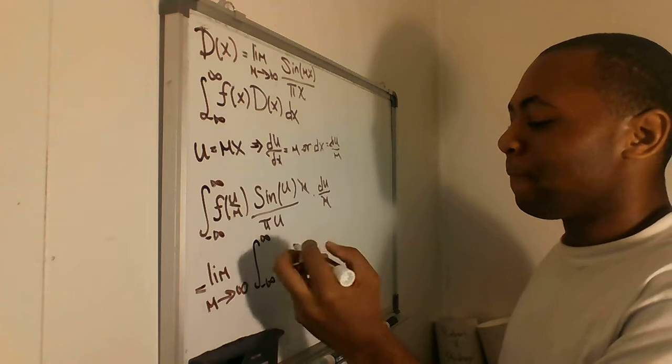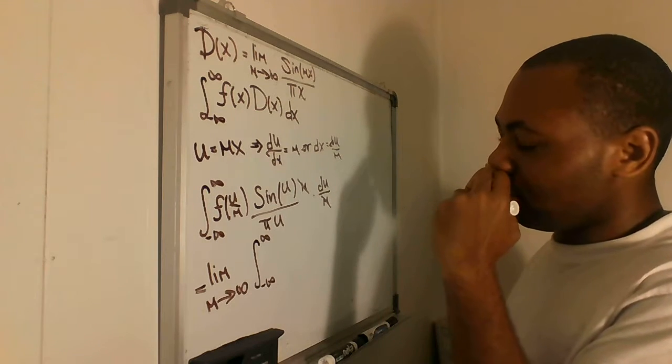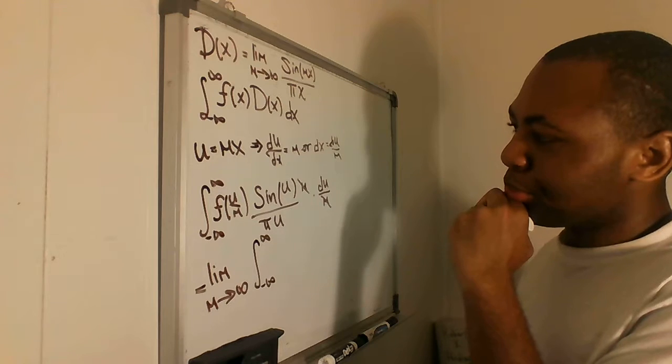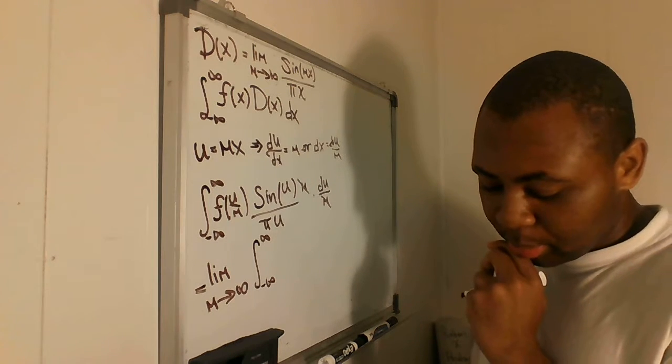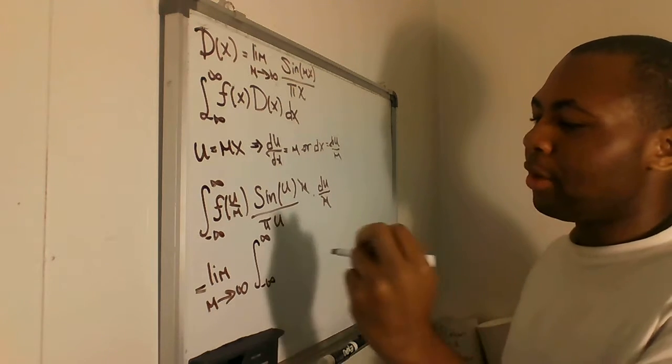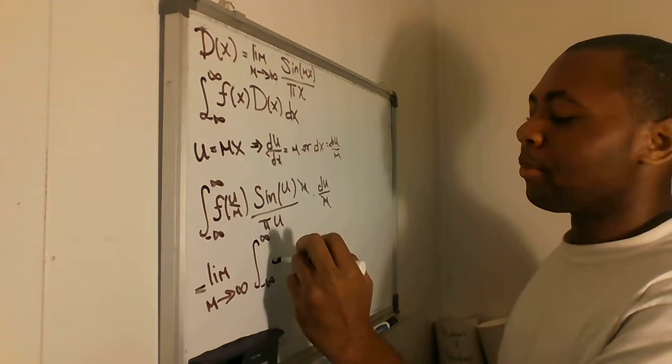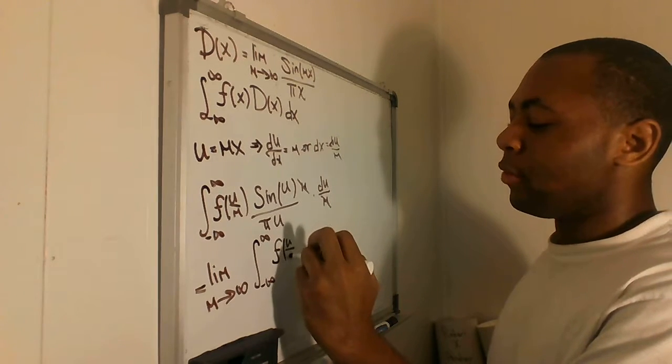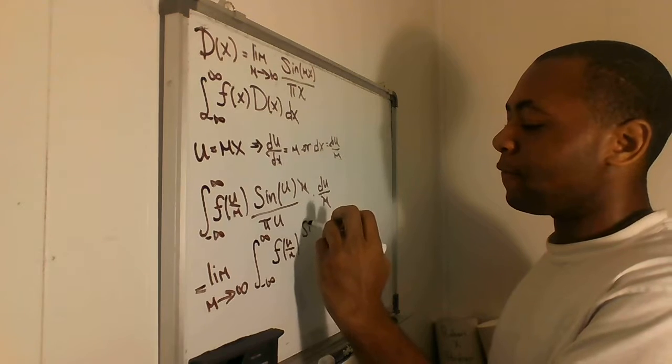Anyway, where was I going with this? Oh yeah, I know where I was going. So we're going to take the limit of f of u over m times sine of u over pi u.